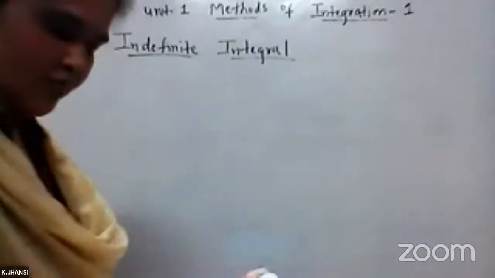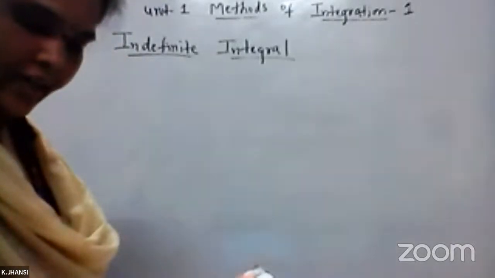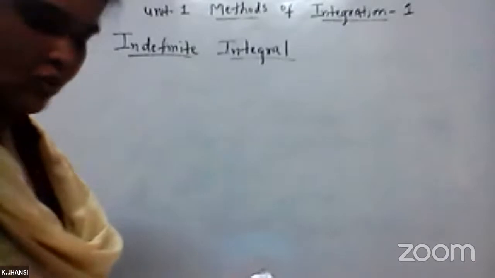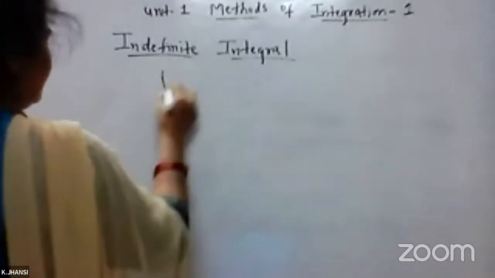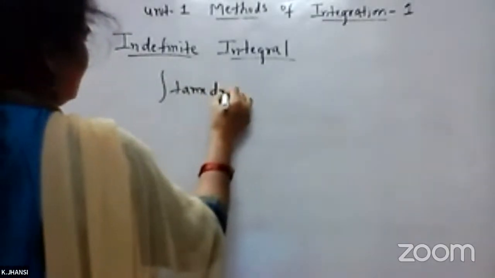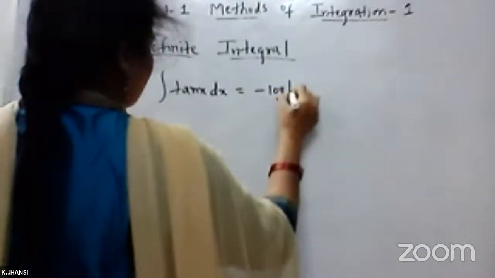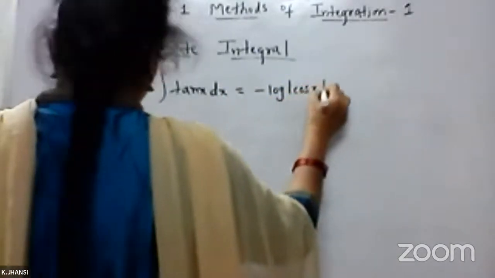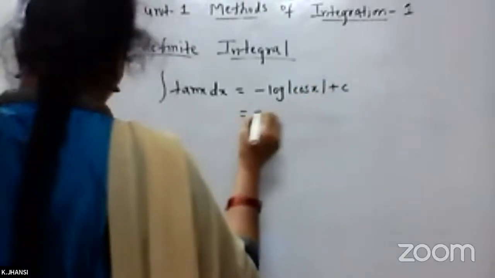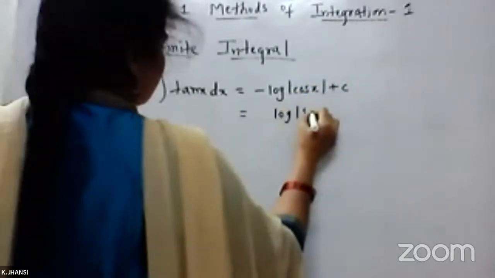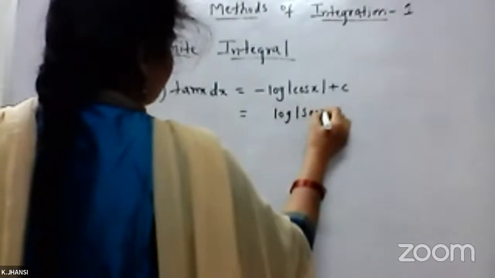Other than the 13 formulas, write these extras in your notebook. Integration of tan x dx equals minus log cos x plus c, or log of secant x plus c.